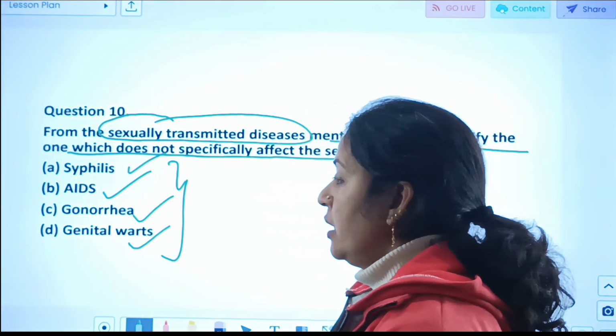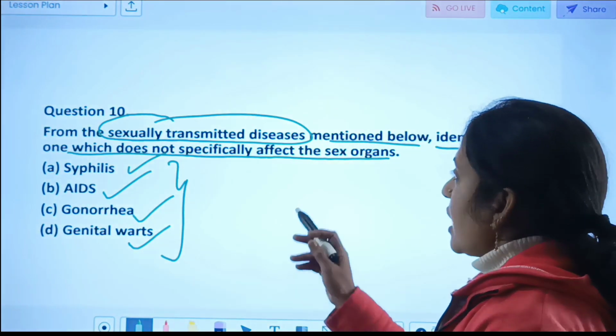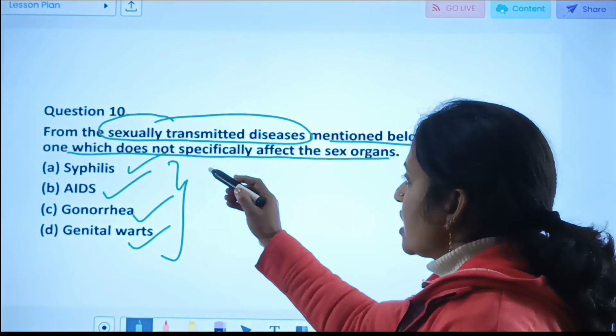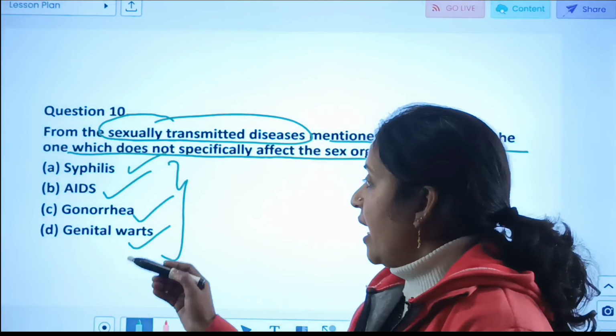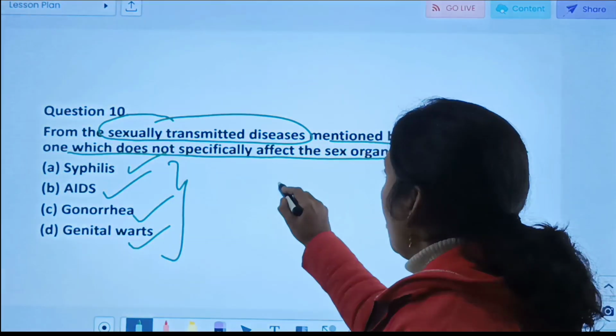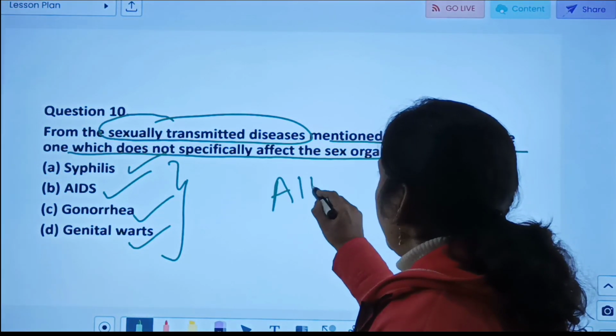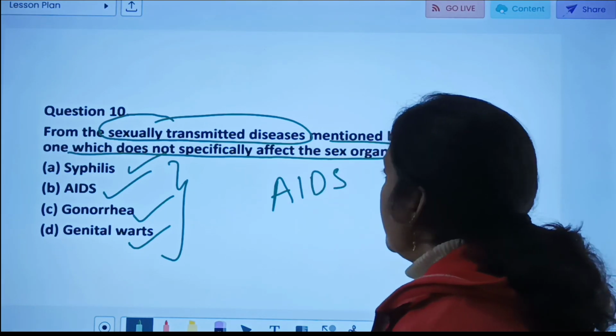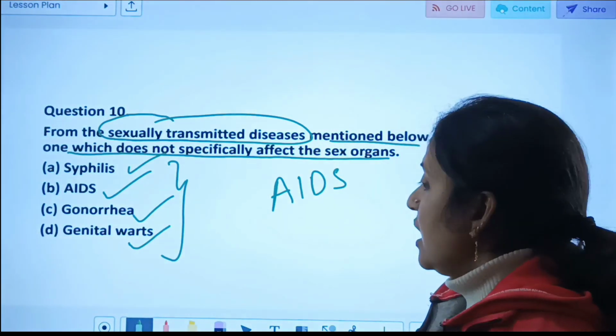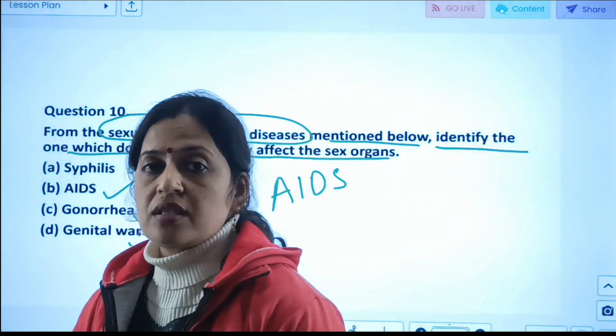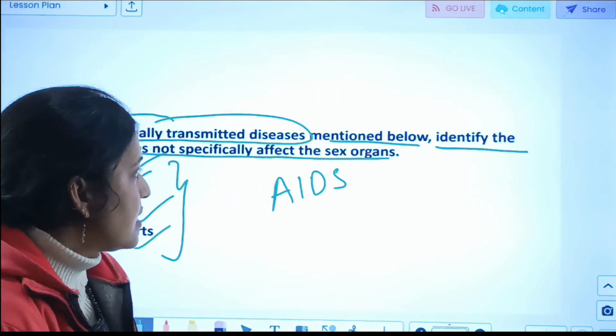So it is your question number 10. तो बेटे, from the sexually transmitted diseases, that is syphilis, AIDS, gonorrhea as well as genital warts, only AIDS is the sexually transmitted disease that does not specifically affect the sex organ.